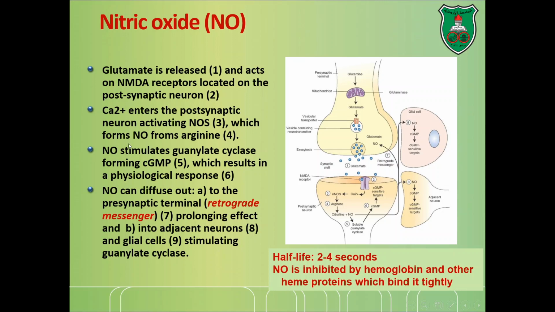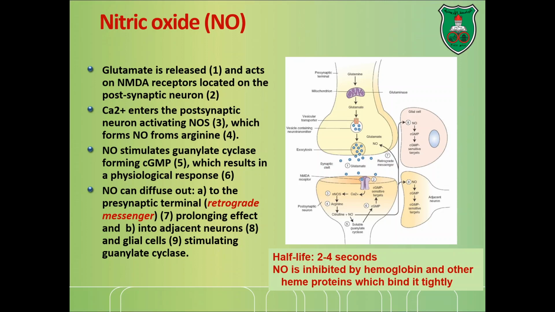First of all, it is synthesized from glutamate. So glutamate can act on certain receptors located in the postsynaptic neuron. What happens here is you have a release of glutamate. Glutamate binds to these receptors on the postsynaptic neuron, and that results in entry of calcium ions into these cells, as shown in here.